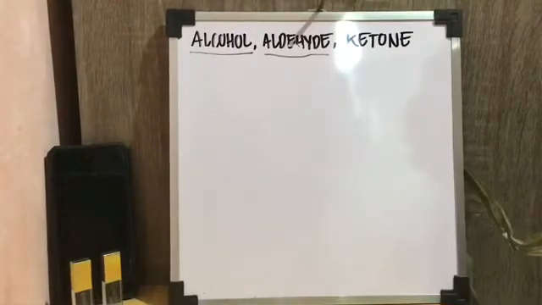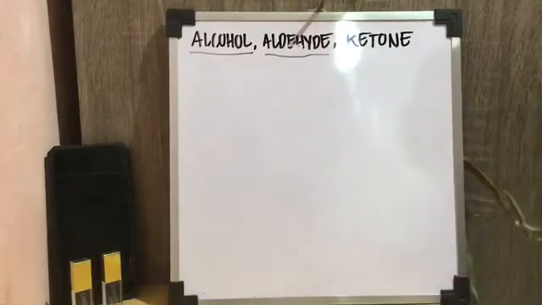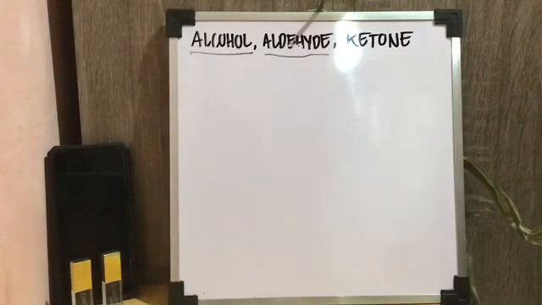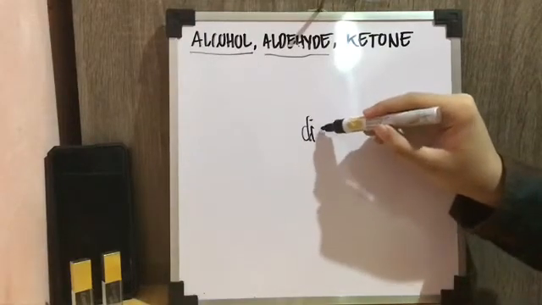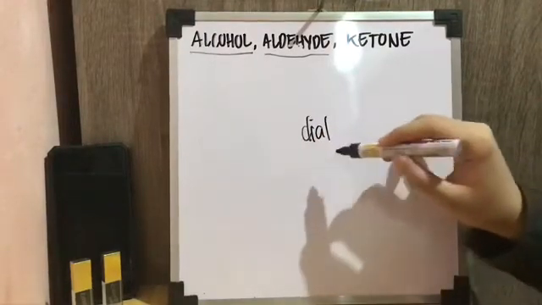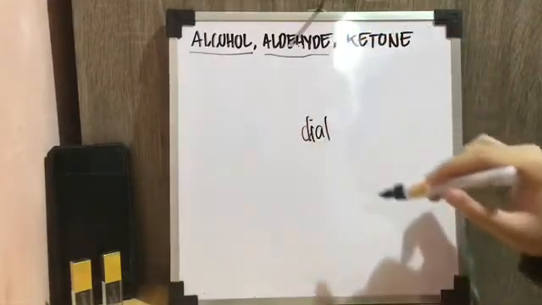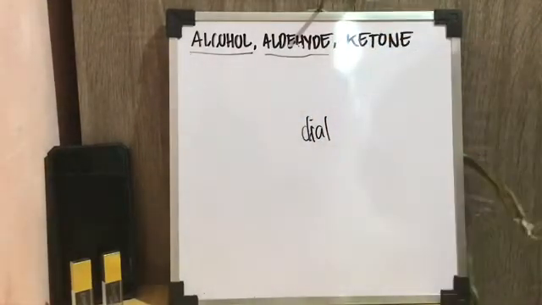So if there is more than one functional group or aldehyde group, you name it with a prefix to define how many groups are present in that compound. So if there are 2, then you use the prefix di and then al. Dial. Al signifies that it is an aldehyde.